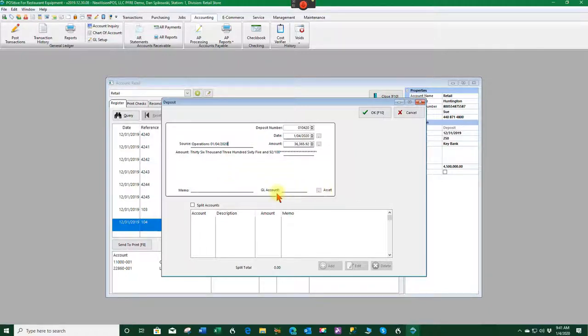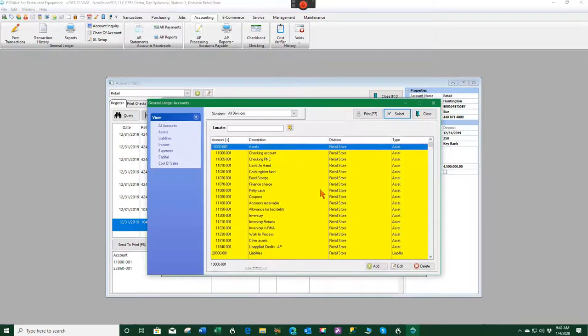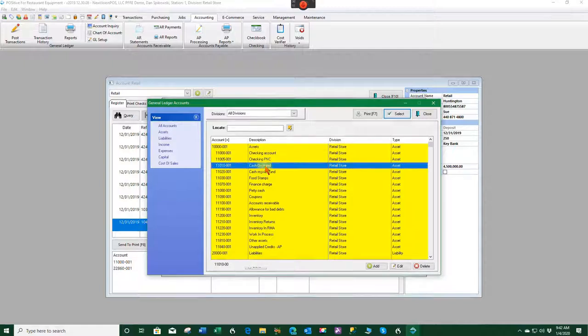Which account are we going to charge? The system knows that when you're putting a deposit into this particular checking account, it knows to debit the cash in that particular checking account's GL account. So I have to put an offsetting entry, and that offsetting entry is going to be my cash on hand. This is where, when we brought all the balance register numbers together, it put it all in cash on hand for us.